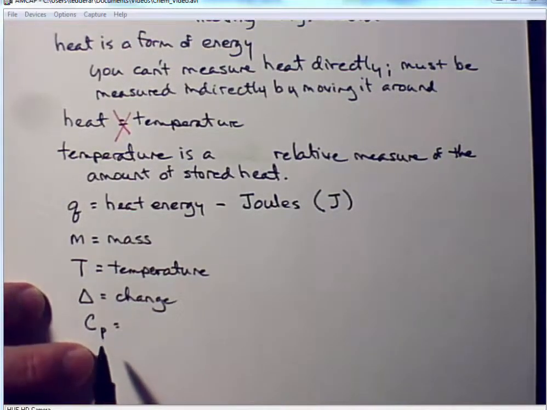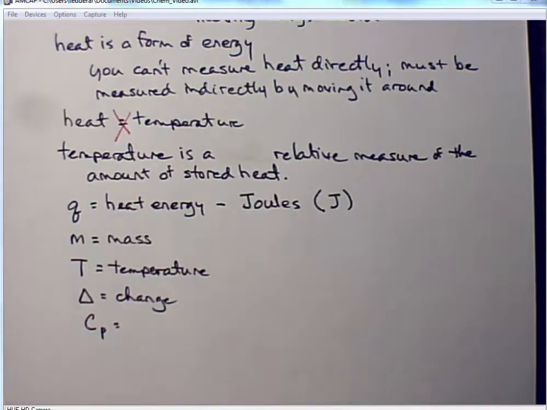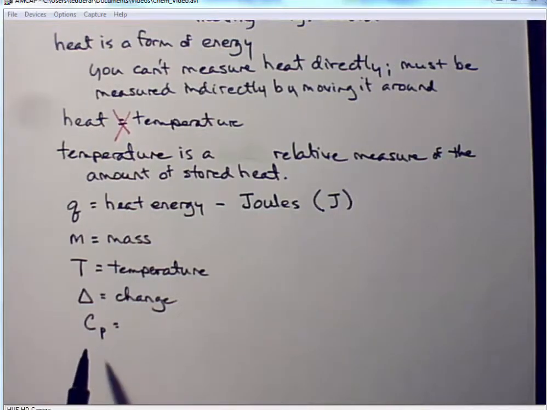The reason we have a P here is because it's indicating constant pressure. You don't need to know that in here because we don't get into changes in pressure for which we use this capacity of heat or heat capacity.